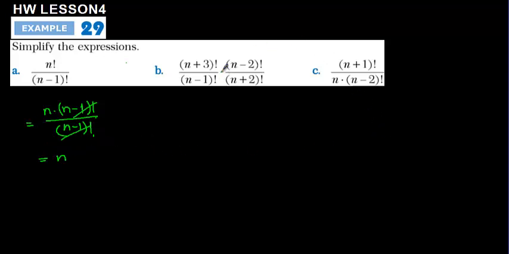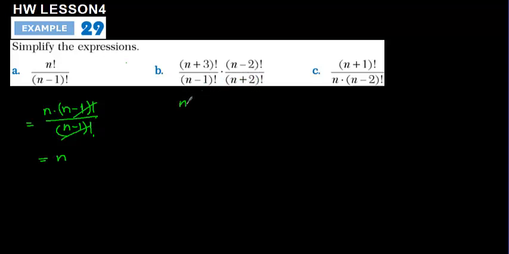Okay, what about n plus 3 factorial? Here we have n plus 2 factorial. That's why I'm not going to open till n minus 1. The denominator of n plus 3 is n minus 1, but there is no need for that one because we have n plus 2 factorial.